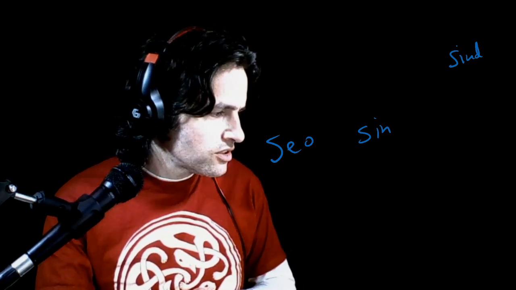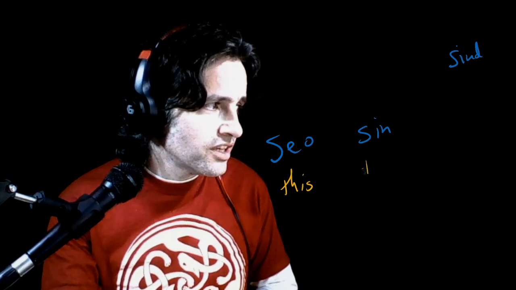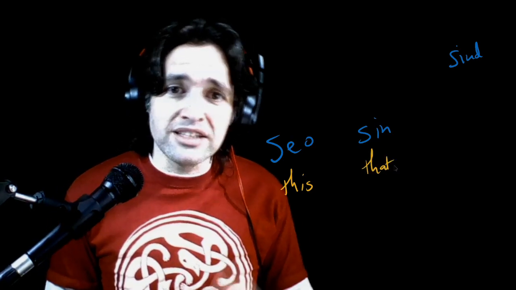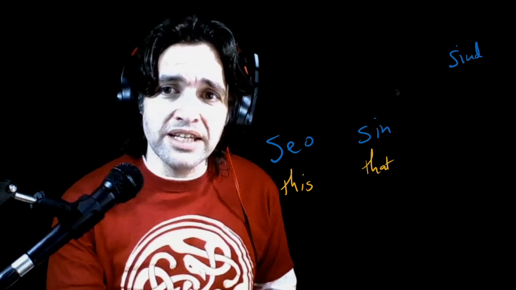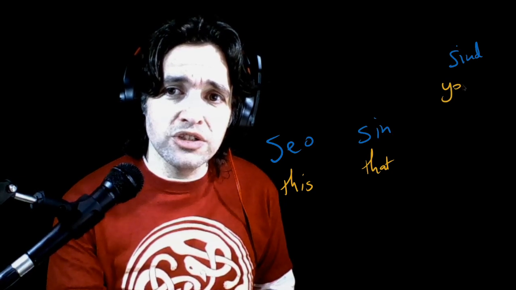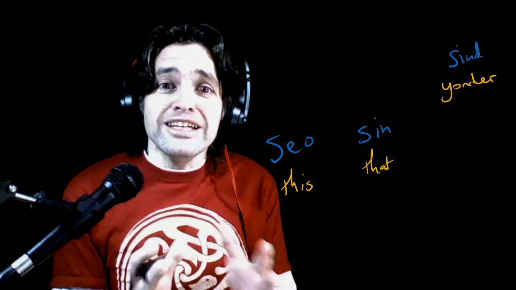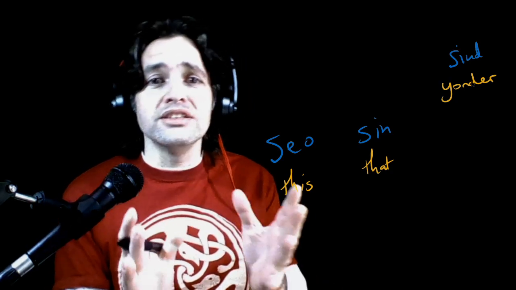So let's stop for a second and look at English, because in English we have this and we have that. But if we look further back, say to William Shakespeare, what we'll find is the word yonder. But soft, what light through yonder window breaks? It is the east, and Juliet is the sun.